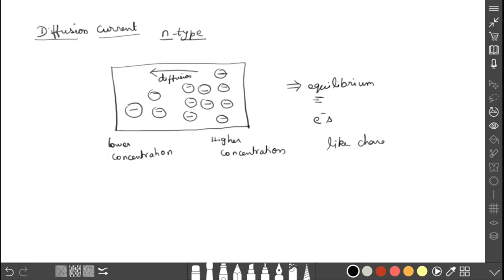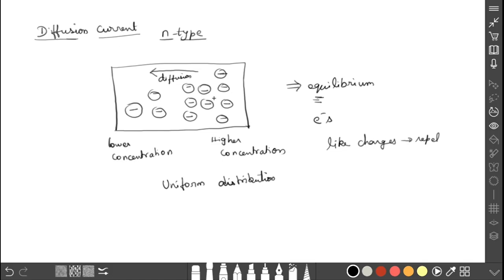Due to that repulsive force, the charge carriers get energy to cross from higher concentration to lower concentration, so that eventually it attains uniform distribution. So that creates the diffusion current.